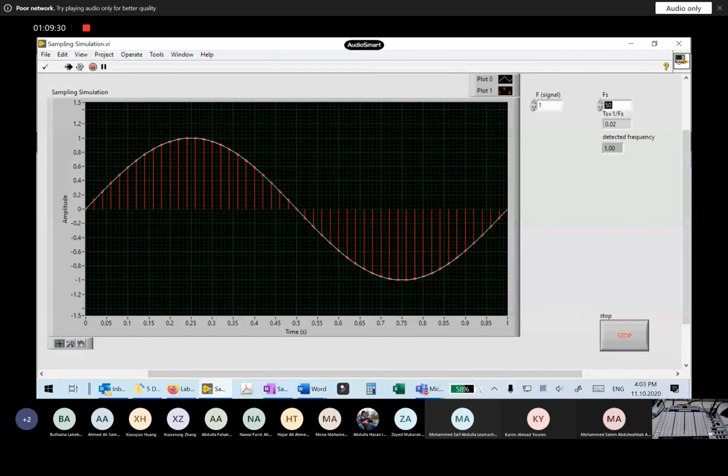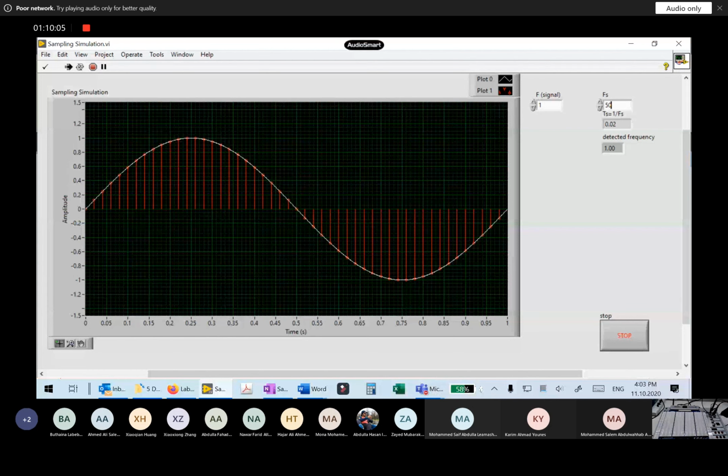This is the speed of my acquisition. Now my input signal, the real signal, is 1 Hertz. This means I can see here that I have 1 second, and the signal will complete 1 cycle like this. If you count these discrete samples, you will find 50 samples.